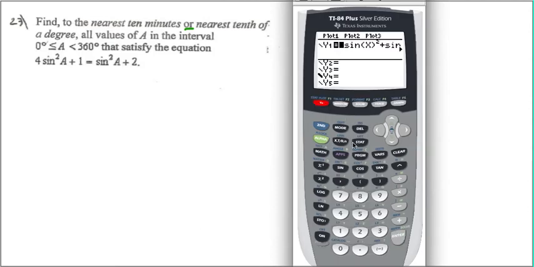So here we have, first one becomes 4 sine x squared plus 1. The left side, I'm going to put into y sub 1. The right side, I'm going to put into y sub 2. So sine of x squared plus 2.